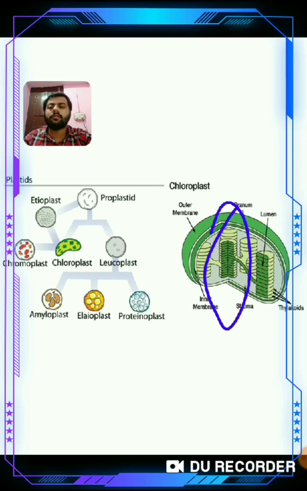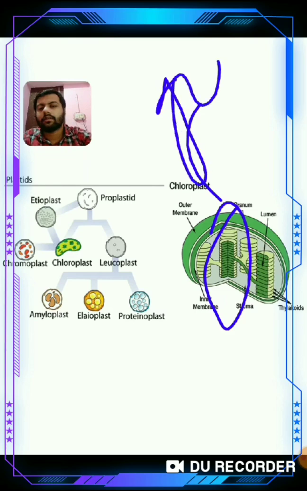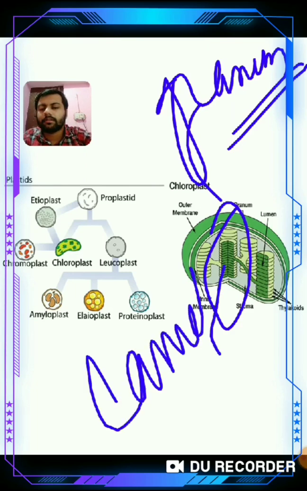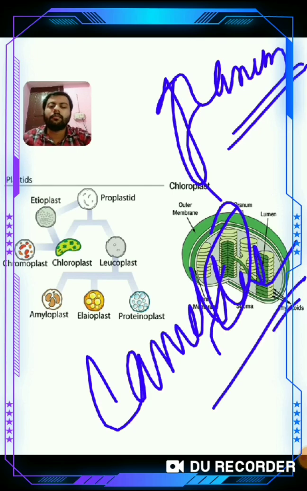All the grana inside the inner membrane are attached with a stalk-like structure known as stroma lamellae. This is all about the structure of chloroplast.